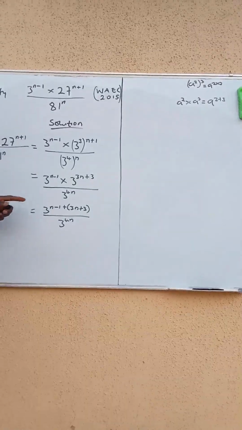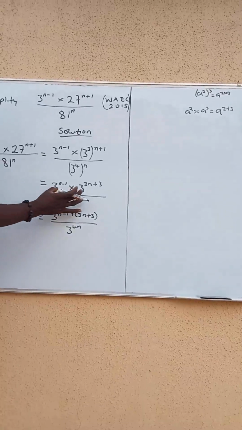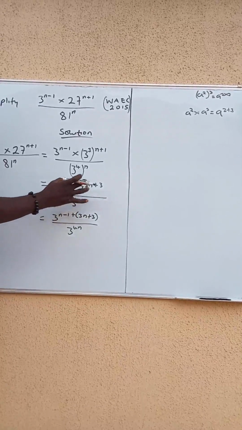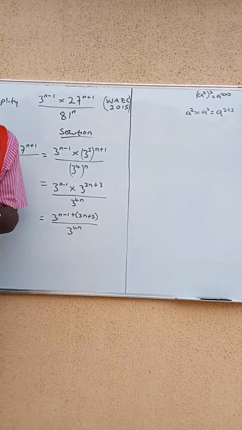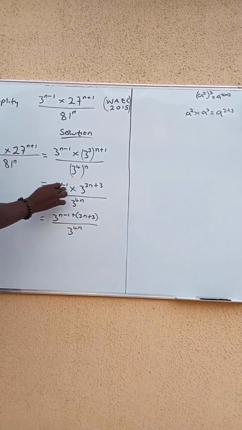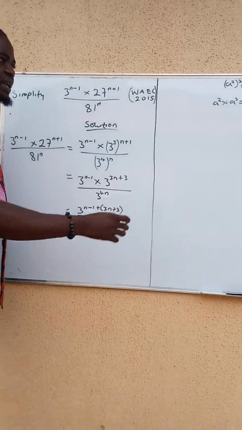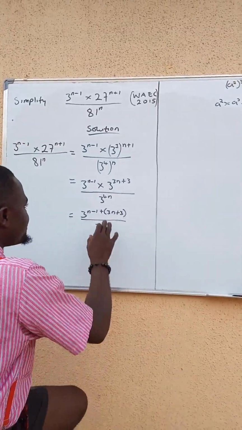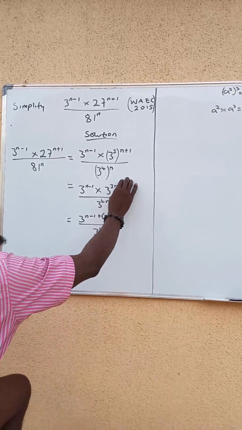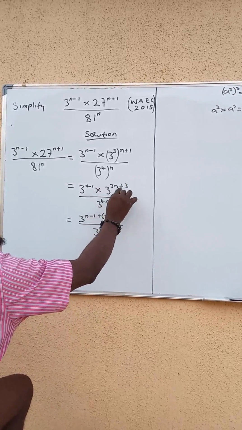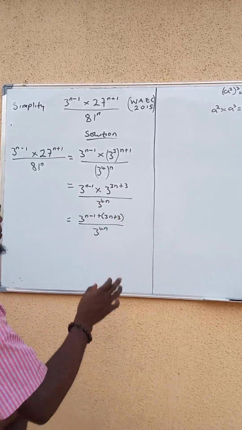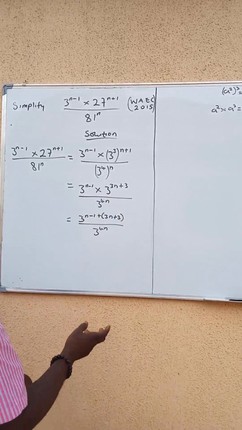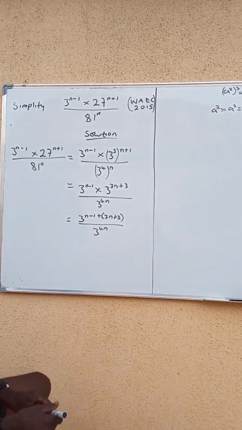So when you are having the same base and it's multiplication, you add their powers. So I have to add n minus 1 plus 3n plus 3. I put brackets so that the signs here should not change. Since it's plus, I didn't mean it's minus here. If there's minus and minus, there will be an issue.